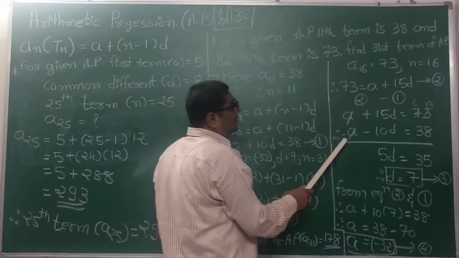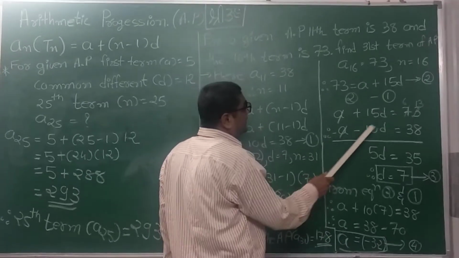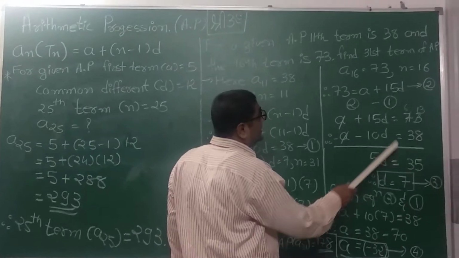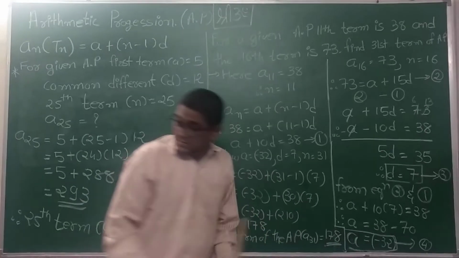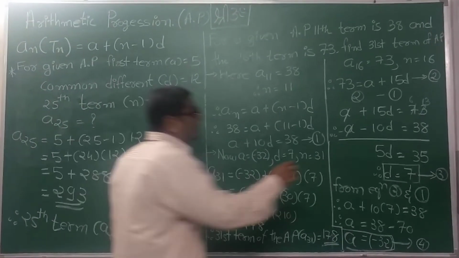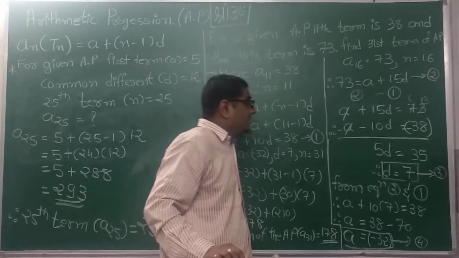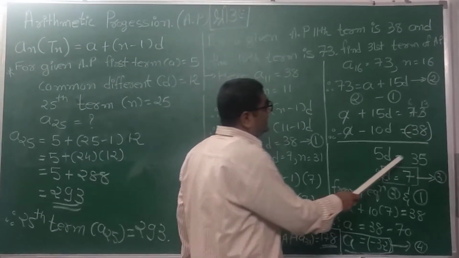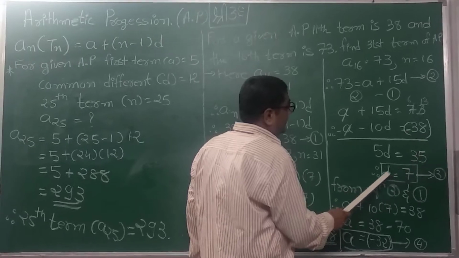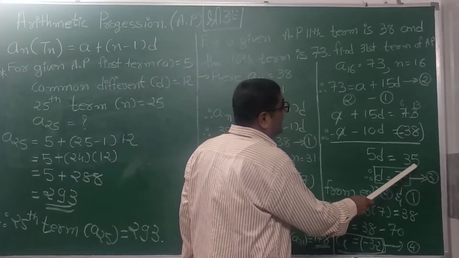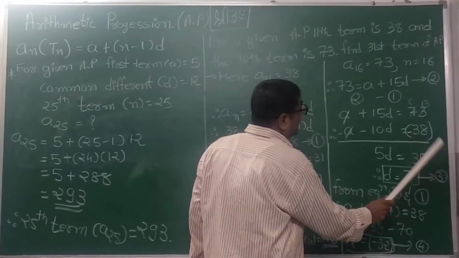So we will cancel out a, and 15d minus 10d is equal to 5d. 73 minus 38, so it becomes 5d is equal to 35. So d is equal to 7, at the end of simplification, that is equation 3.